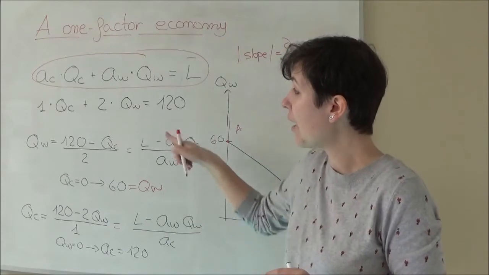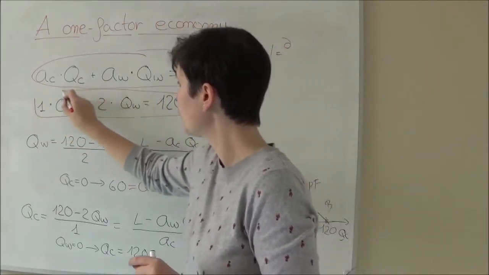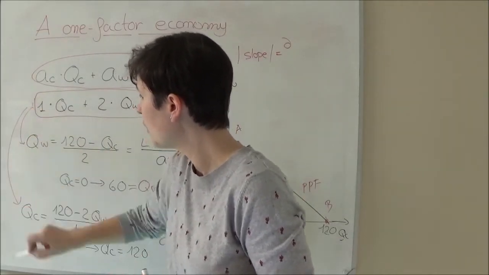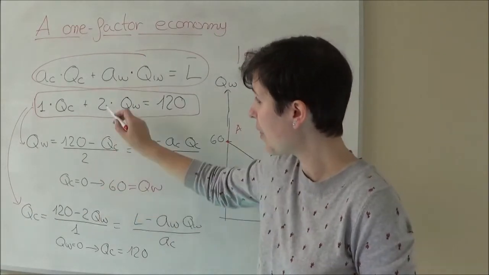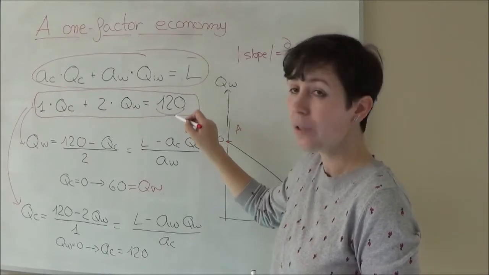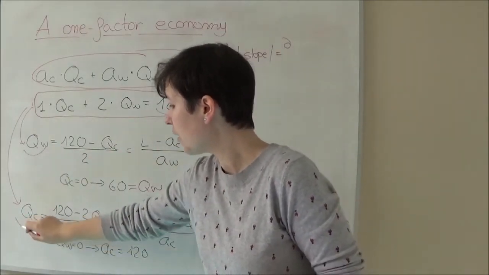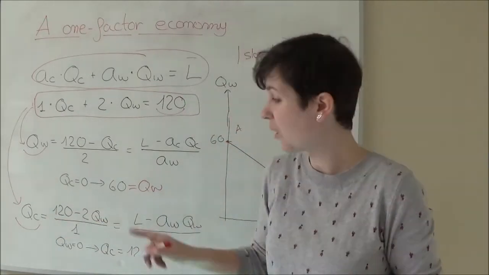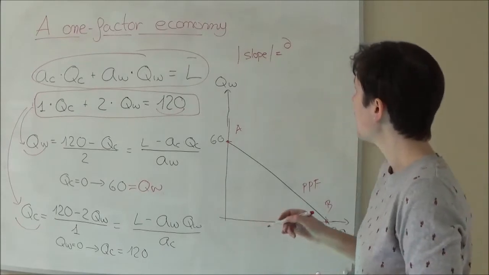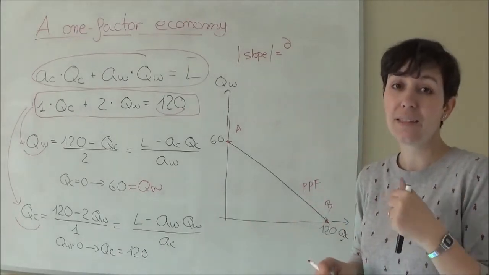Because now I have a function, in different versions, but it's the same. This is the same as this, but here it is with L outside in one part, here it is with the quantity of wine, and here is when you are isolating the quantity of cheese, but it's the same expression in different ways. So I'm going to do the slope using the derivative. That is the thing that I prefer.